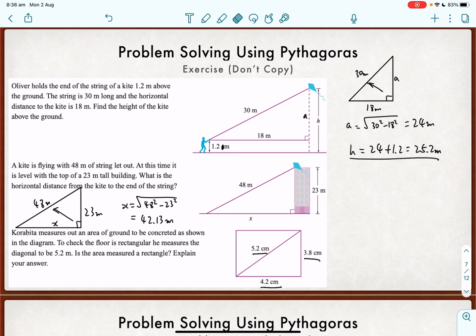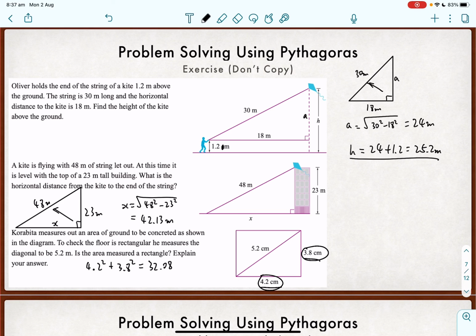Let's add the smallest two first. Remember we circled the two smaller ones. So 4.2 squared plus 3.8 squared. Add them together first, make sure the number is right. That would be 32.08.